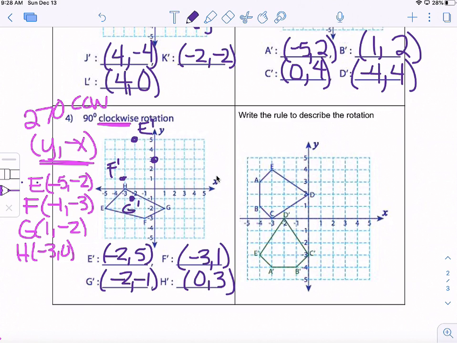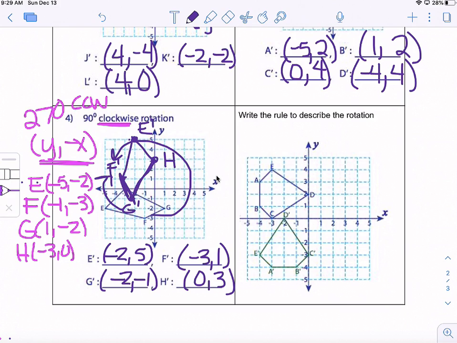Should be right here. So here is, this kind of looks funny. There is my rotated figure. We went 90 clockwise, which is the same thing as 270. 90 clockwise is just one turn to the right, or you can think of it as 3 turns to the left, counterclockwise.